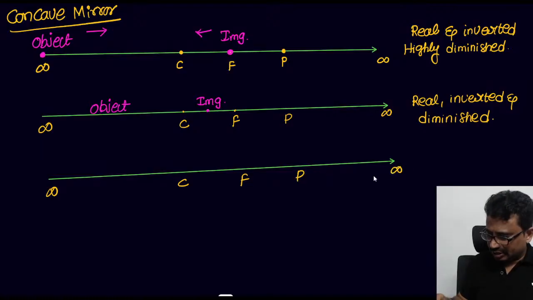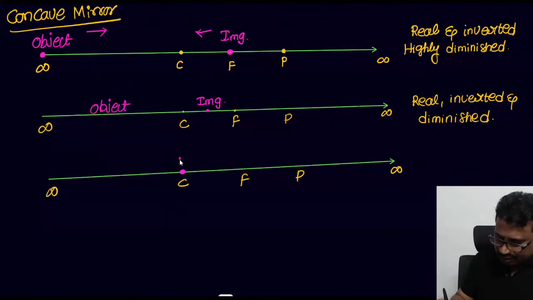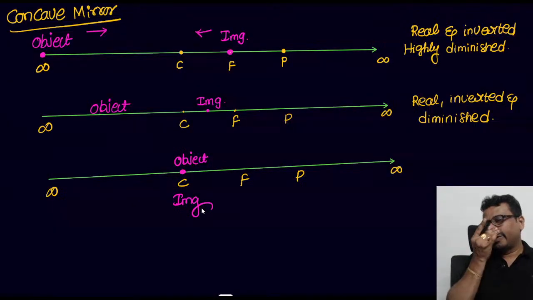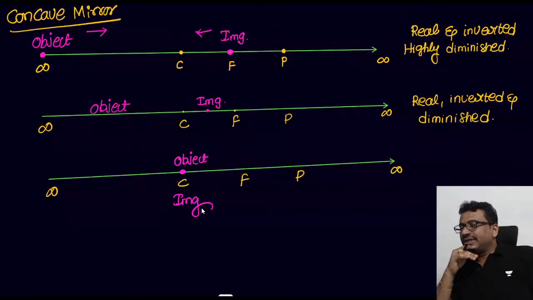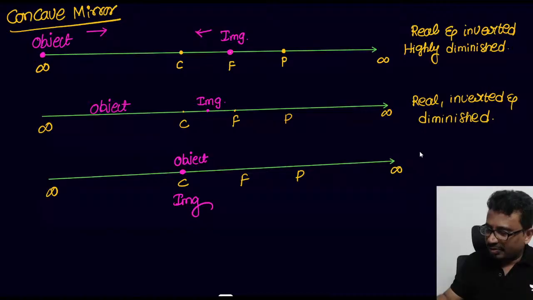Right. Next. Here this is infinity, center, focus, and pole. This is another infinity. Here you tell me, if this object reaches the center, the image also will reach the center. If the object is at the center, the image is also at the center only. And how can the image nature be formed, you see here, the image is real, inverted.